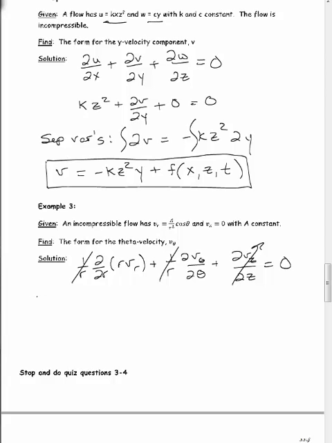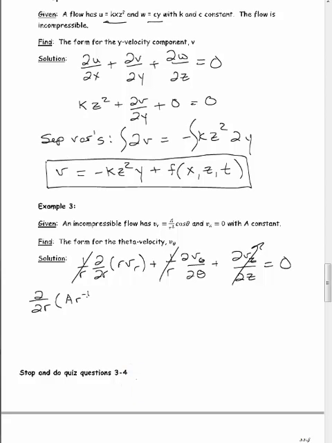Okay, so r vr, so the derivative of r vr is the derivative of A, and then it's just going to be over r instead of over r squared, right? Because we're multiplying by r. So that is going to be A, and I'm going to write this r to the minus 1.